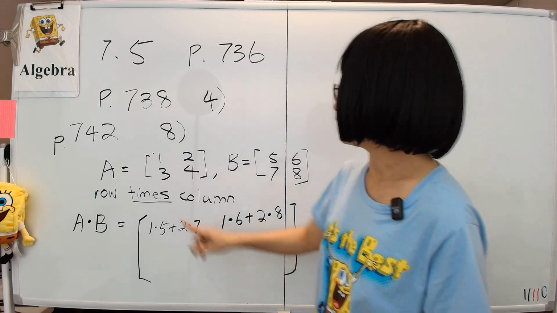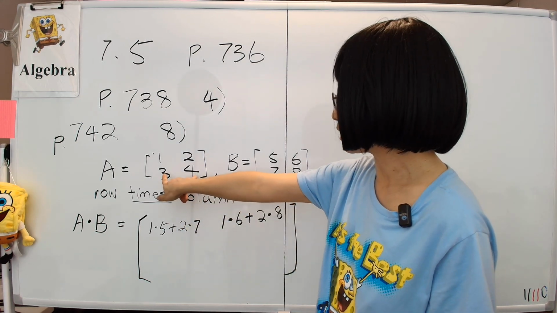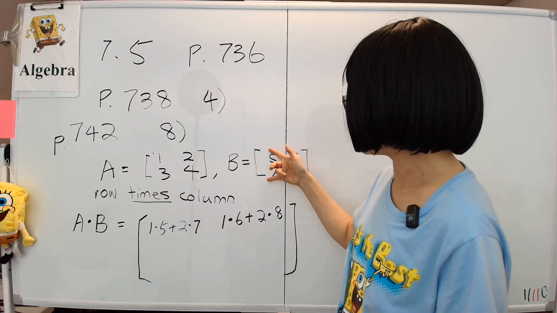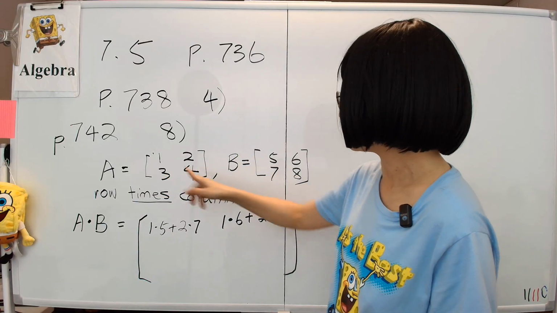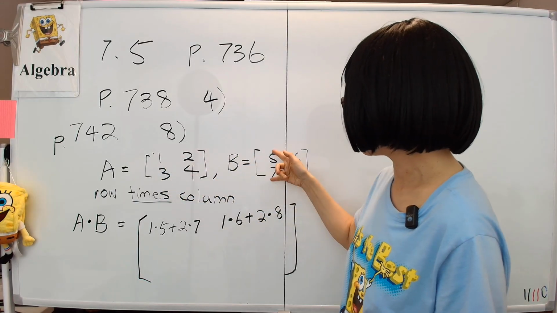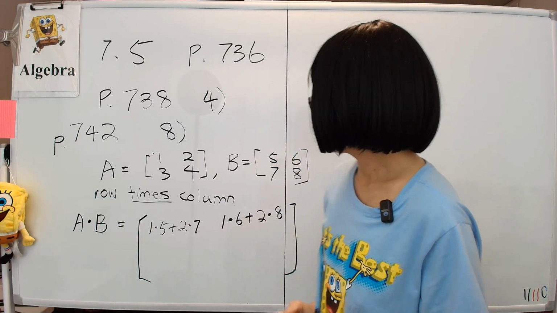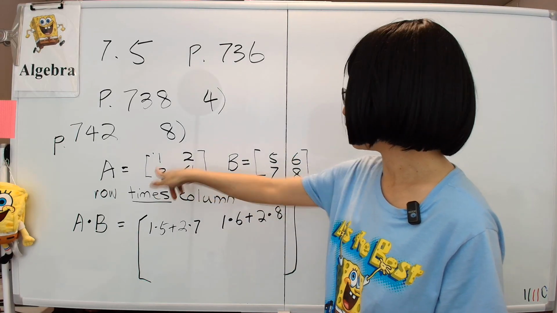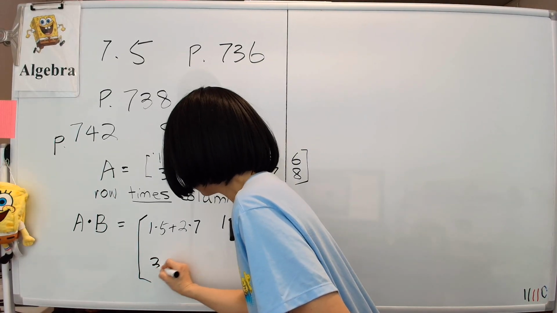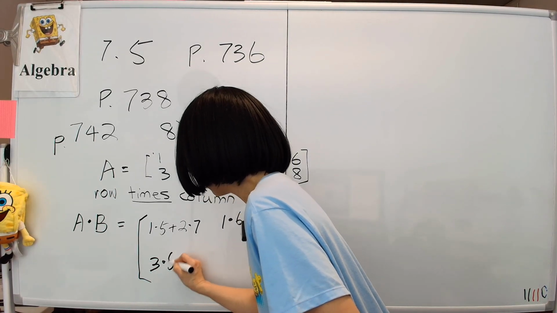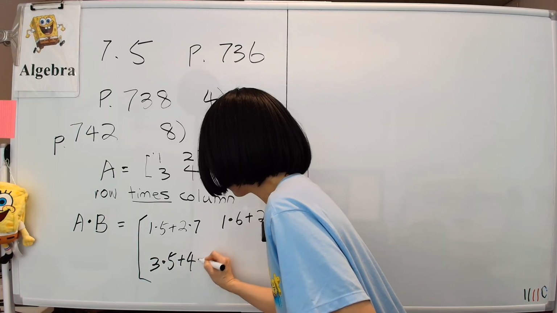And then the second row multiplied by the first column. The row and column intersect at this point. Their common point is right here. So then we have 3 multiplied by 5 and 4 multiplied by 7. So down here we'll do 3 multiplied by 5 plus 4 multiplied by 7.